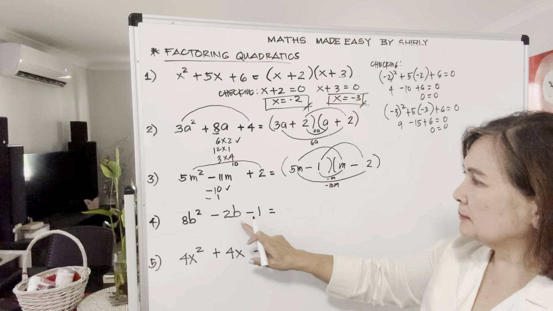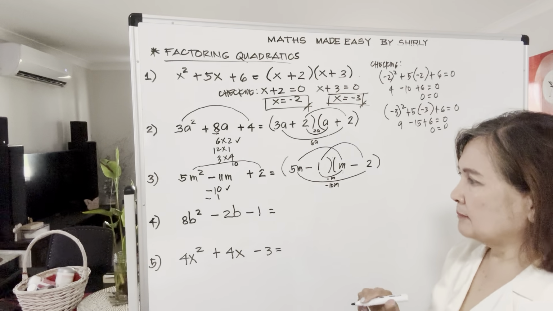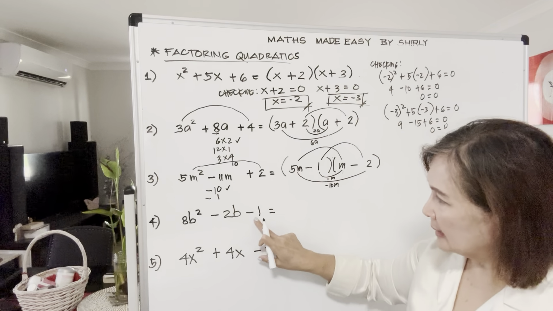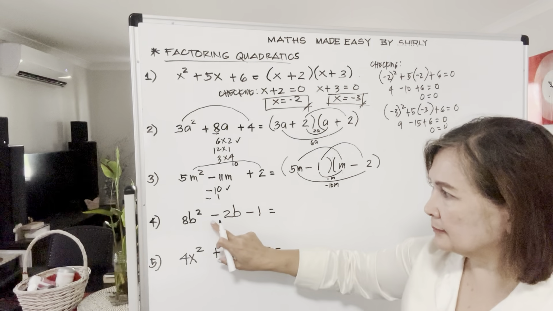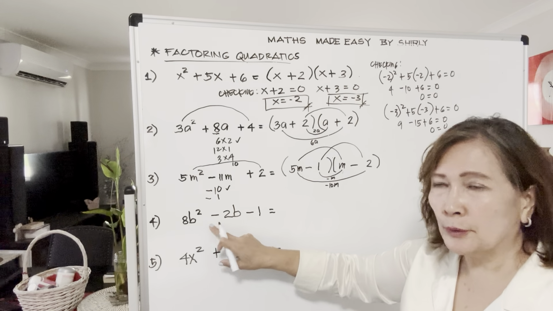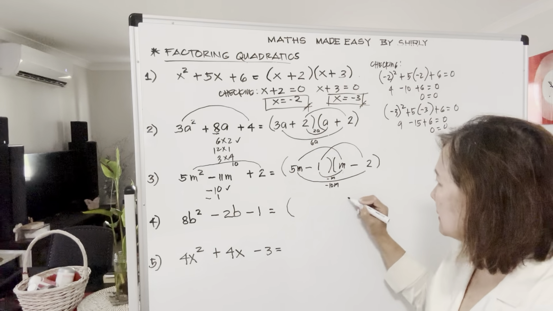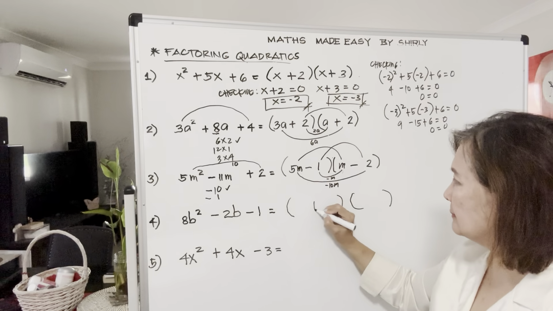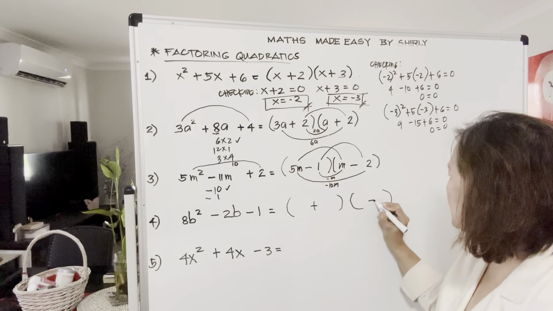8b squared negative b negative 1. Look at this. The last term is negative. The middle term is negative. Therefore, the binomials must be negative and positive, so positive, negative.